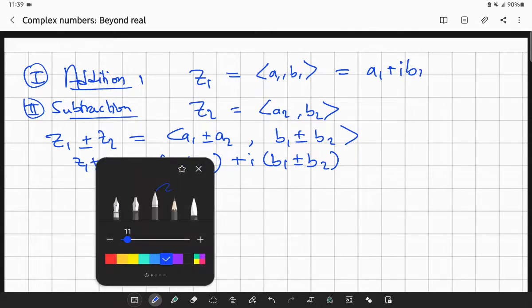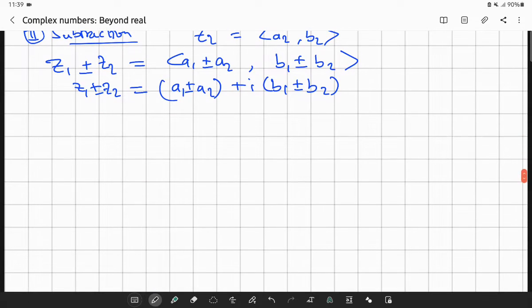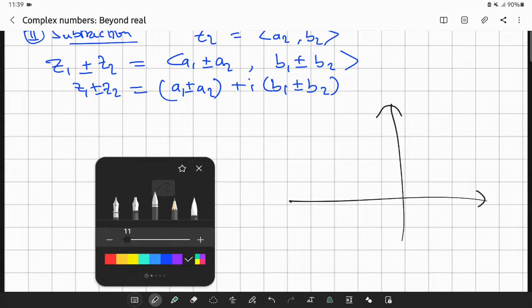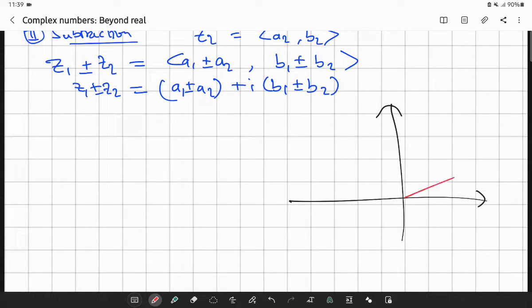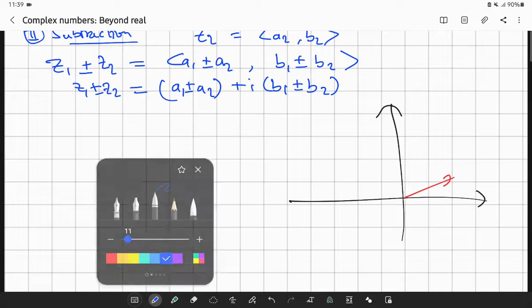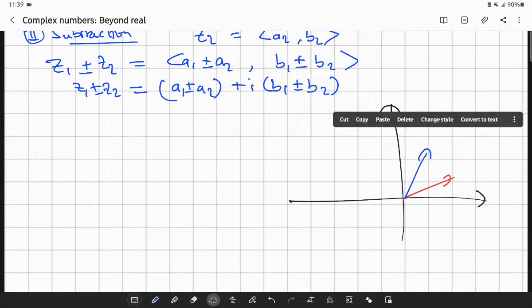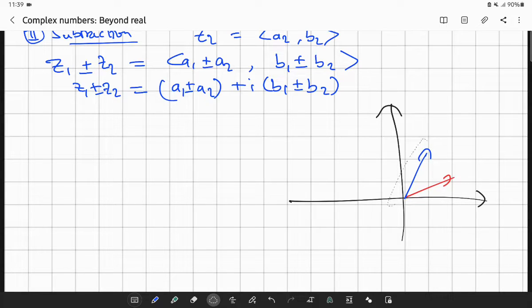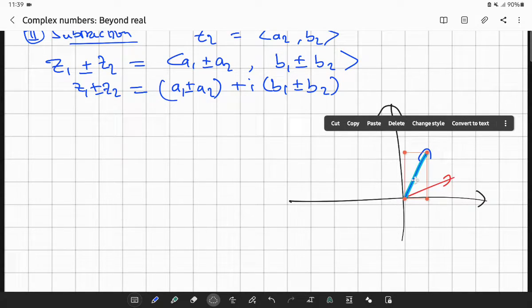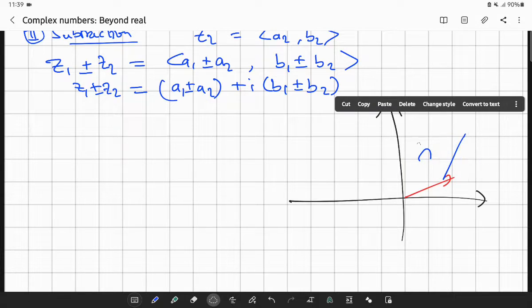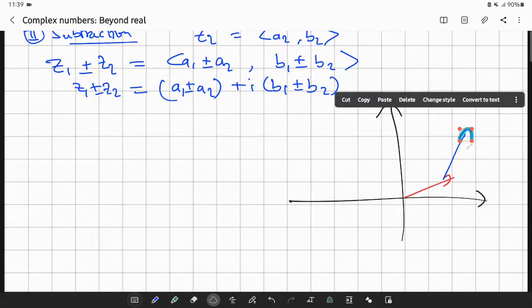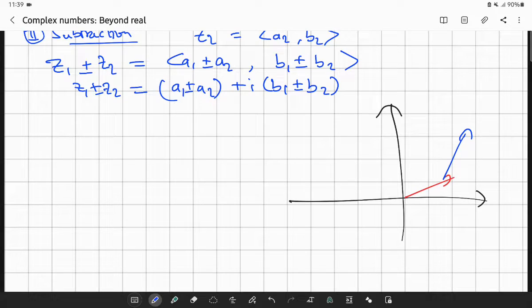And the vector analogy actually makes complete sense. Say I have a vector like this. By vectors, I mean complex numbers, of course. So basically, you can interpret the addition like normal vector addition.